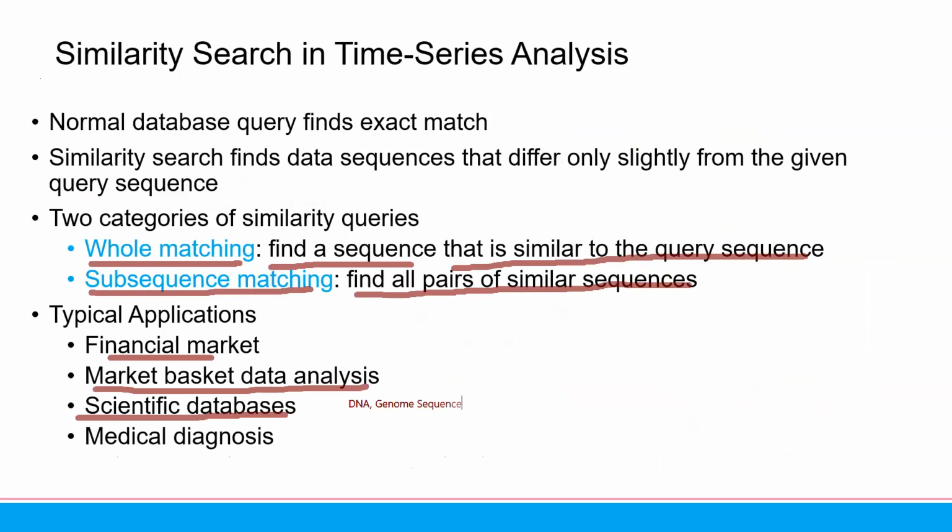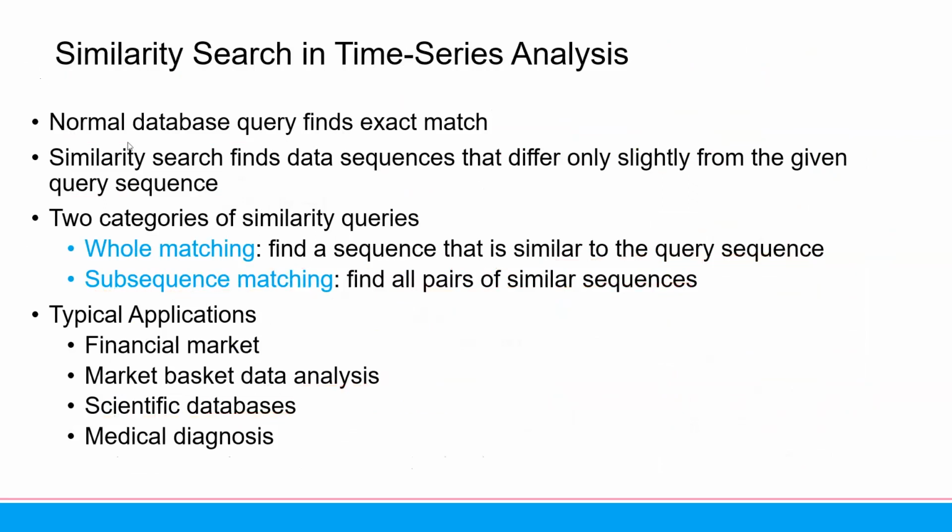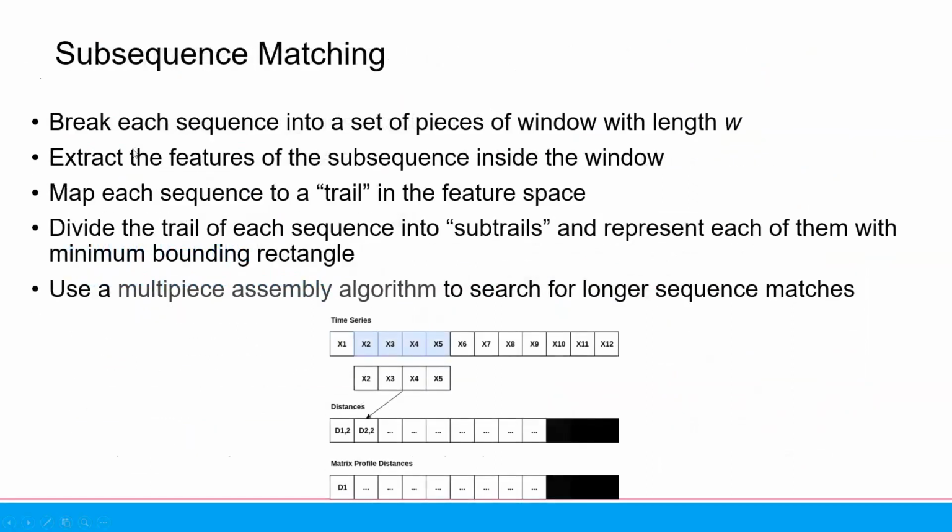So we can use also this kind of similarity. Medical diagnosis. So we can find whether the person is having a certain disease or not. So what we are going to learn today is the subsequence matching.